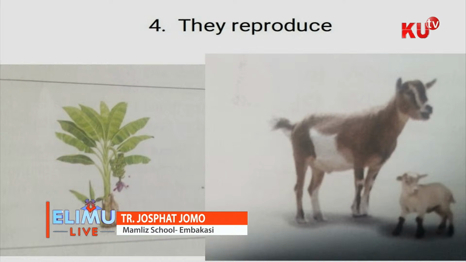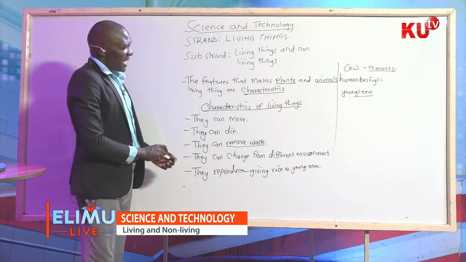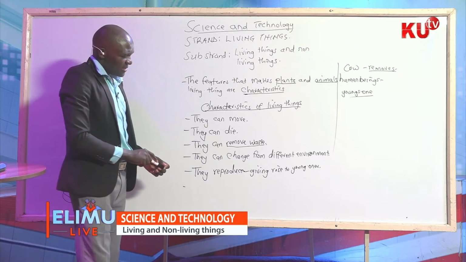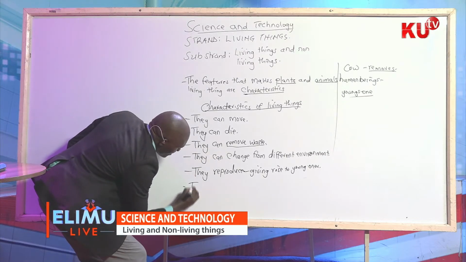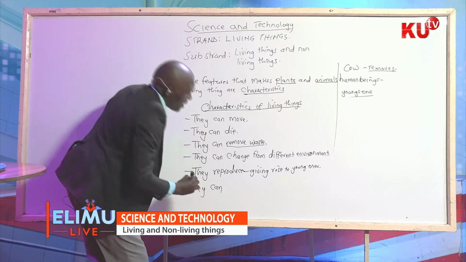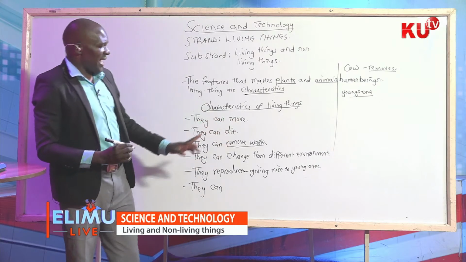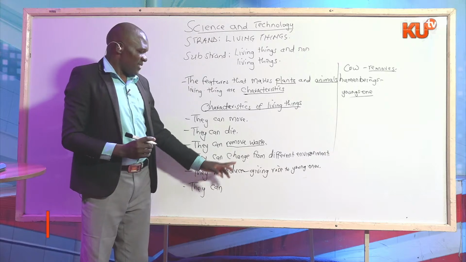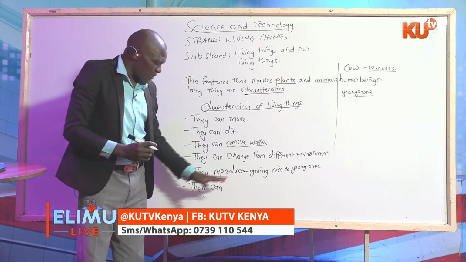Okay, this brings us to another characteristic of living things. As long as they can move, they can die, they remove waste, they can change from different environment, they reproduce.